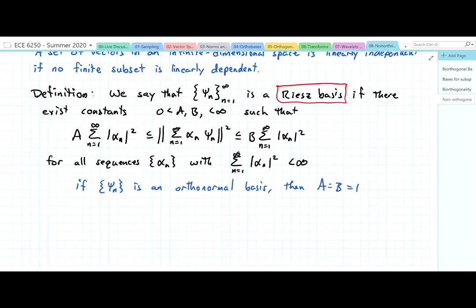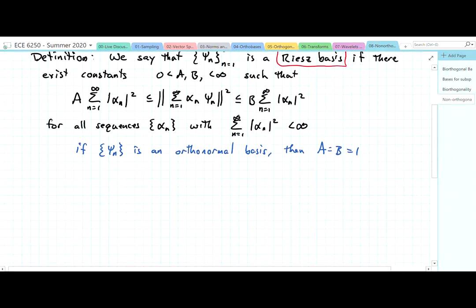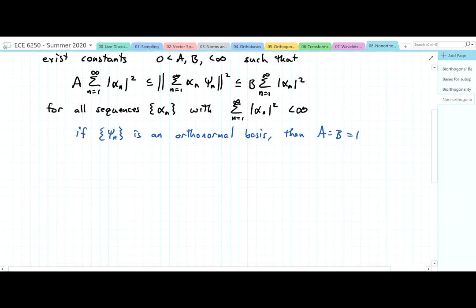Maybe a small change in the coefficients leads to a slightly larger change in the signal itself, but at least there are some bounds and some scaling that we can understand and get our hands around.